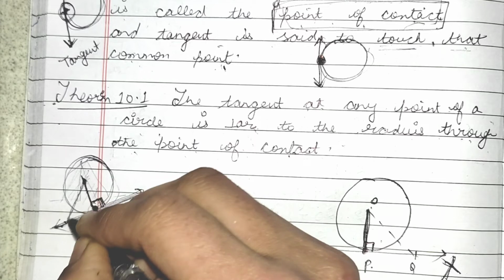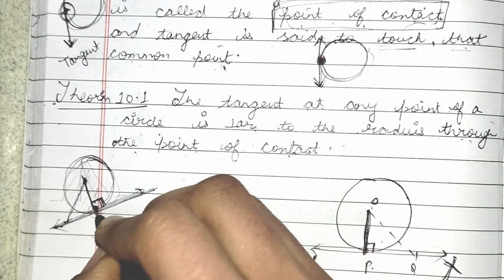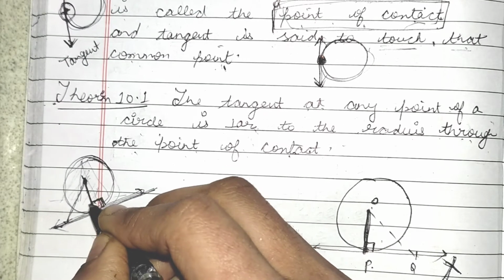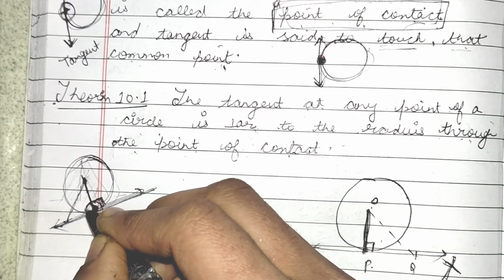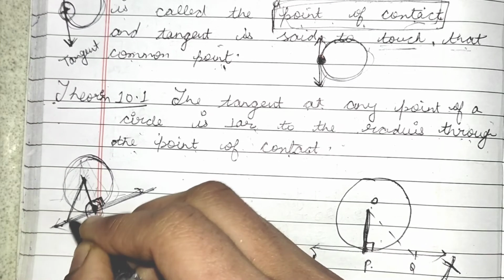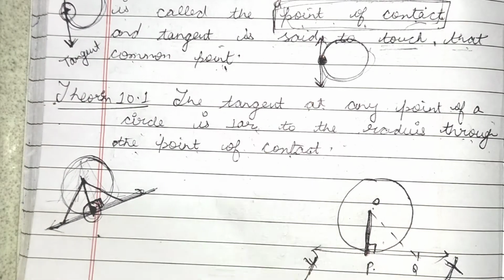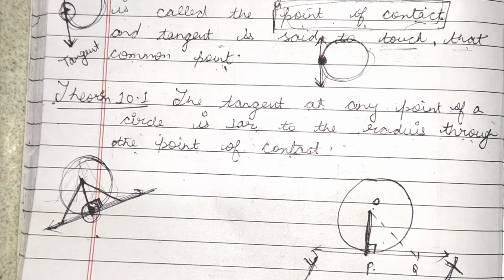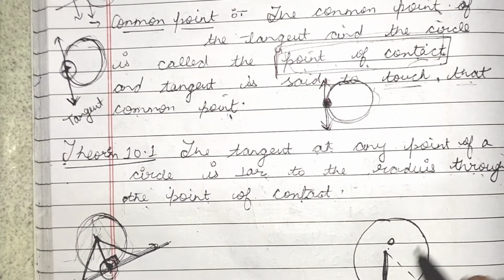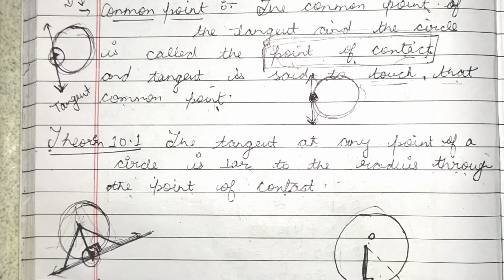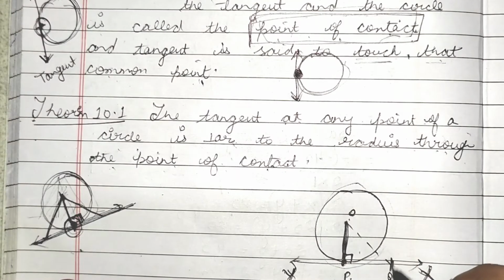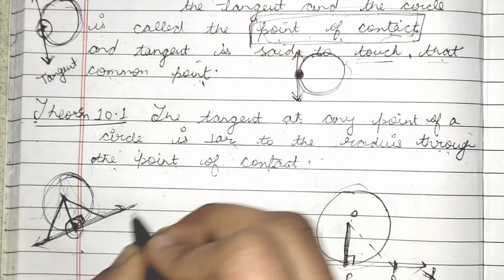It is only perpendicular to the radius through the point of contact, not with any other point on the tangent. So to prove that, let us suppose that there is any other point Q on the tangent, right?